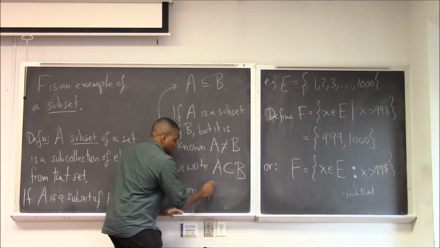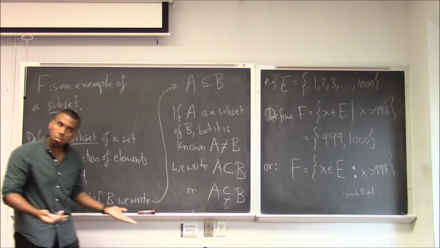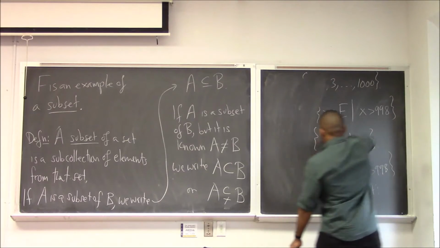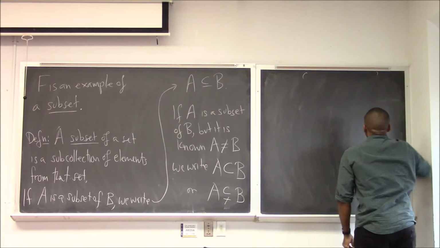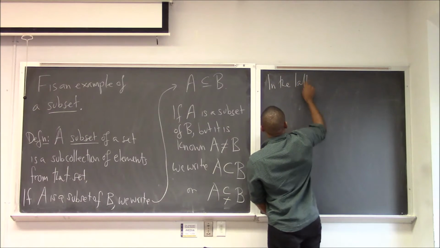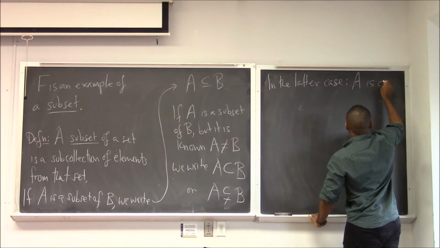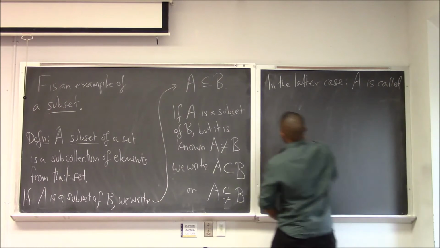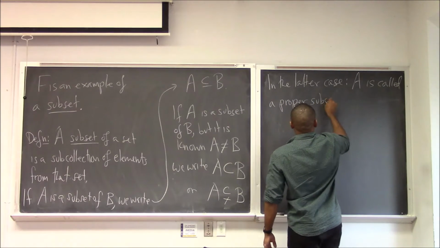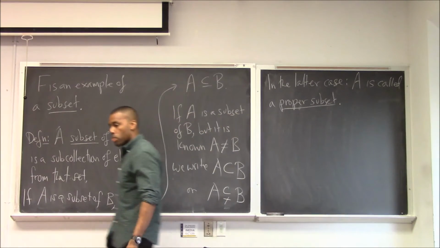Or some people, not many people use it, they'll do this and then they'll strike out the bar. In the latter case, A is called a proper subset. So if you're a subcollection but you're not equal to the entire set, you say you are a proper subset.